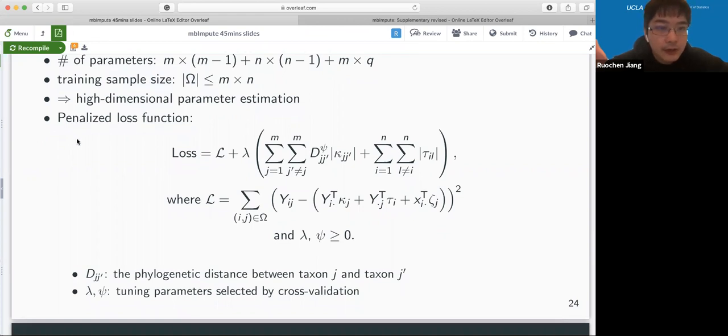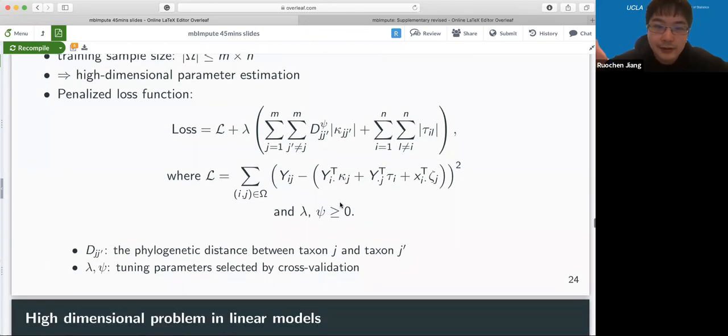And I have constructed this penalized loss function. Here the d_jj' tries to utilize the previously mentioned third matrix, the taxon evolutionary relationship matrix or phylogenetic tree, which I want to leverage in the penalization.